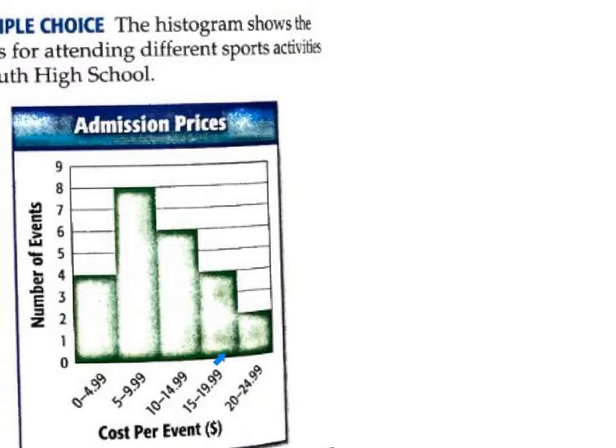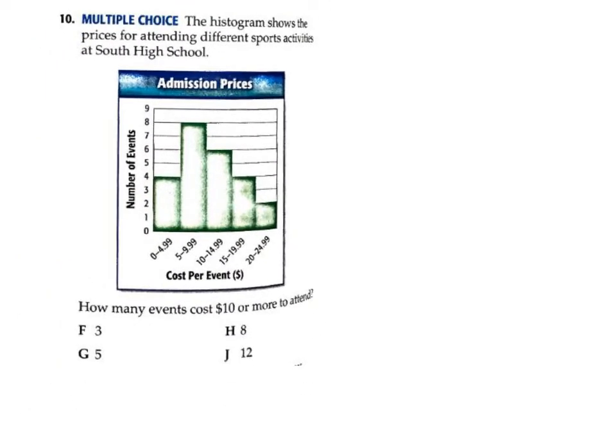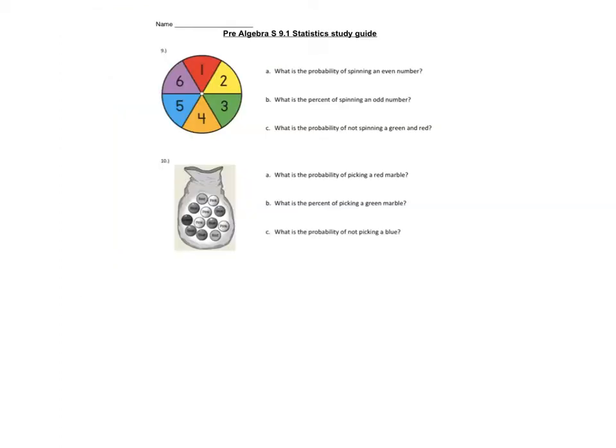There's 4 between $15 and $19.99, and then there's 2 between $20 and $24.99. The question says how many events cost $10 or more. So $10 or more represents this and higher. So there's 6 here, plus 4 is 10, plus 2, there's a total of 12 events.